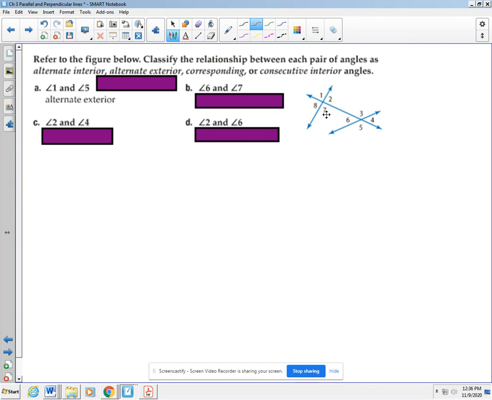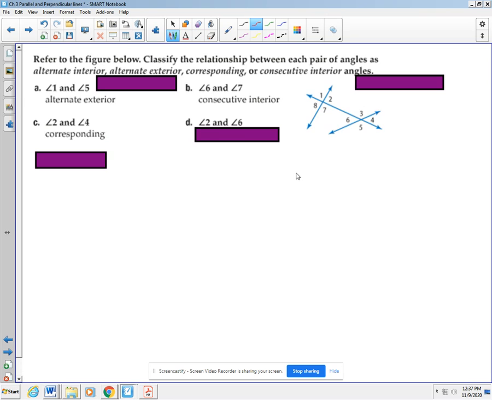Question B, 6 and 7 are same side interior angles. Oh, you see, they also call this consecutive. Okay, so same side and consecutive, the same thing. Question C, 2 and 4 are corresponding angles. And question D, angle 2 and 6 are alternate interior angles.